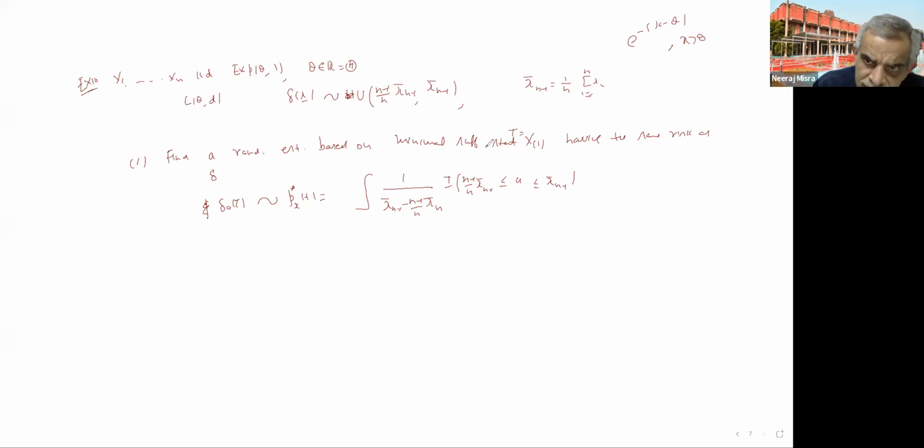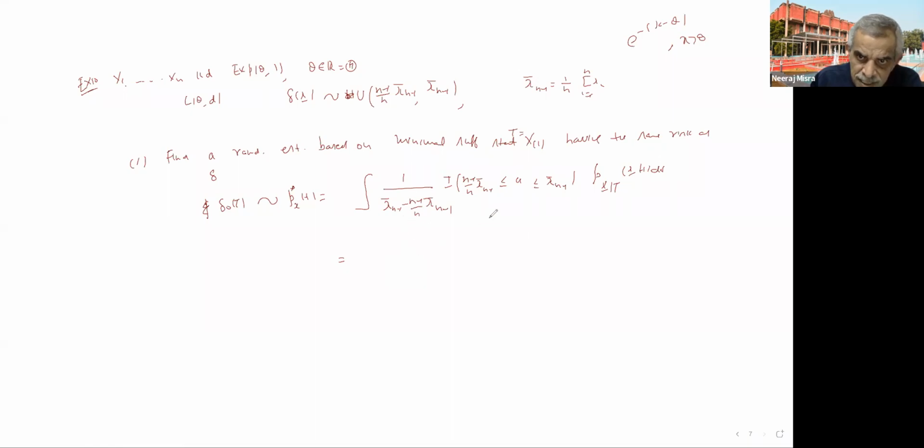You integrate this with respect to the conditional distribution of x given t. So what does this become? This is x bar n minus 1, uniform from this to this. So how much is that?